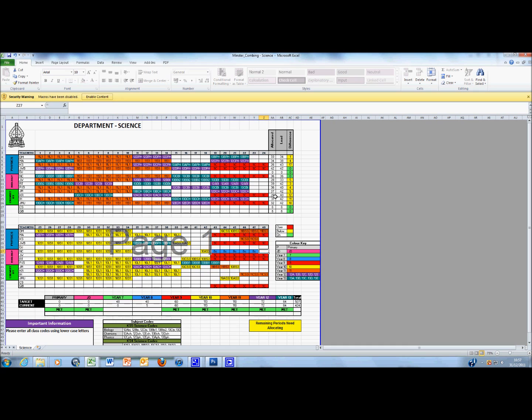Those 5 periods have now put NC exactly onto the fully allocated load of 36 periods, and therefore his line has turned green. No more periods can therefore be allocated to this member of staff.